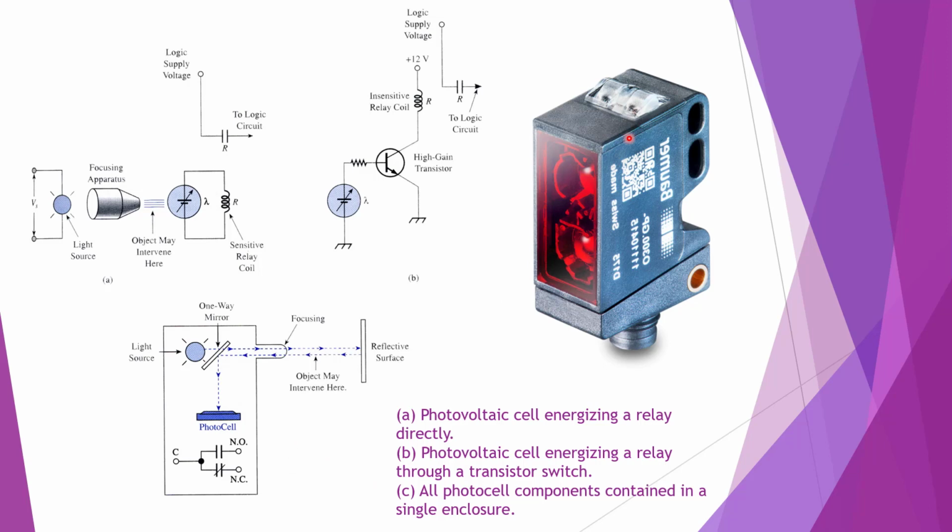Here, this particular device has the light and the sensor in the same unit. So in this particular case, I've got my light source and a one-way mirror that, coming out this way, the light will pass through out the beam focuser, and it hits a mirror or some sort of reflective surface, bounces back, enters, and coming this way, it's reflected onto my photocell.